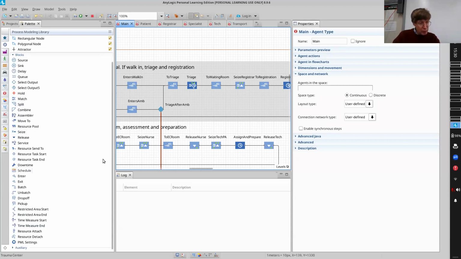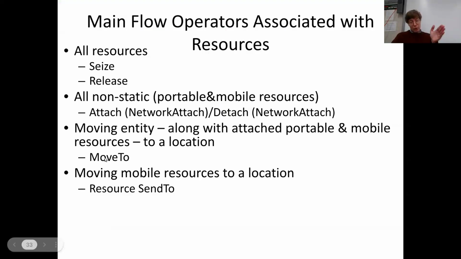And so resource attach, resource detach, allows that when the entity moves, when the entity is told to go to this workup room or this procedure room, this waiting area, that resource will go with them. If a portable resource is attached to them, say a portable ultrasound, that will be brought with them to the procedure room or what have you.